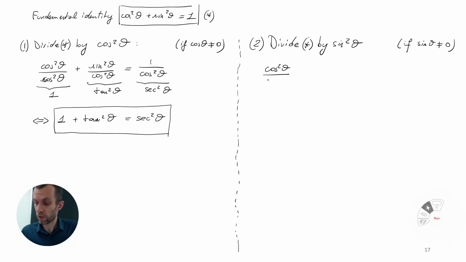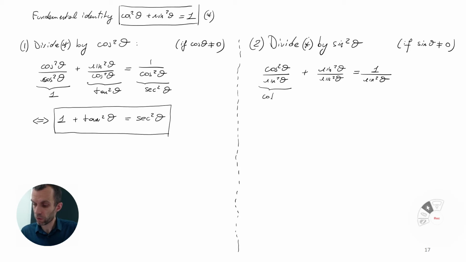Cosine squared theta divided by sine squared theta plus sine squared theta divided by sine squared theta is equal to 1 over sine squared theta.